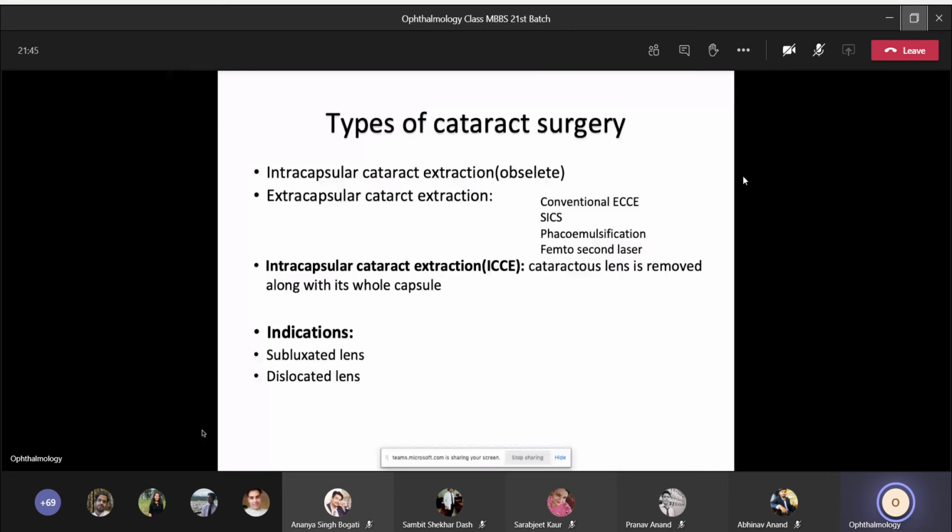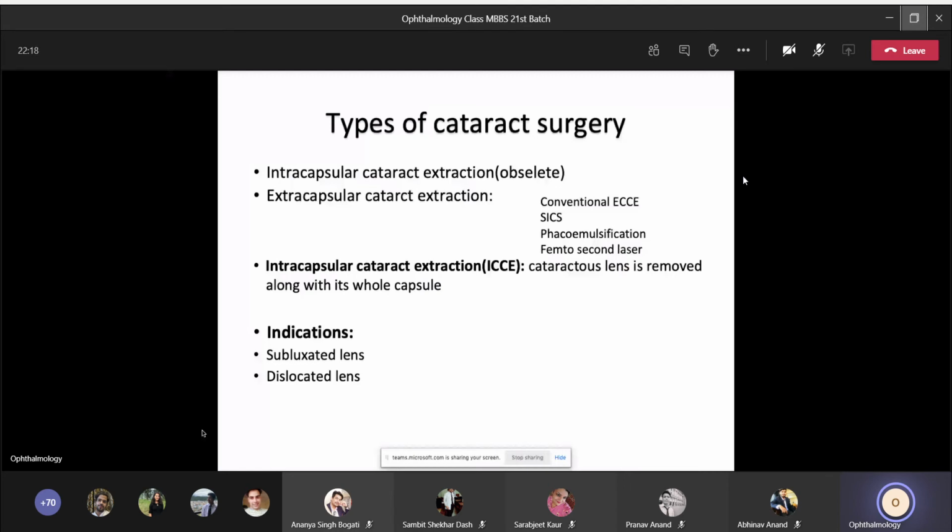You need to know something about intracapsular cataract extraction. What does it mean? It means that the cataractous lens is removed as a whole along with the capsule. I told you in the previous anatomy class that the parts of the lens are the capsule, nucleus and cortex, and the nucleus and cortex are enclosed by a capsule.